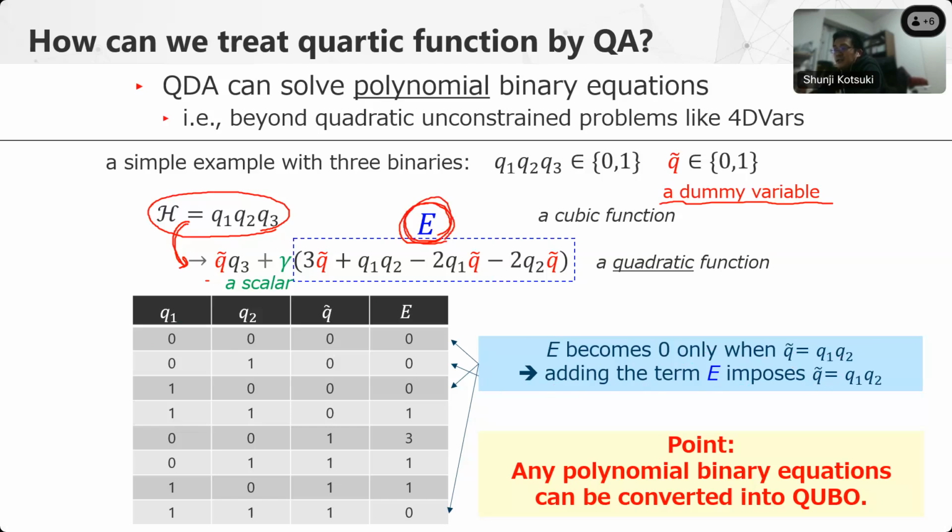Consequently, minimizing this problem is equal to minimizing the original Hamiltonian. This kind of extension can be applied to any polynomial binary equations. Therefore, while quantum annealing can handle only QUBO, we can also solve the chaotic cost function of 4D-Var.